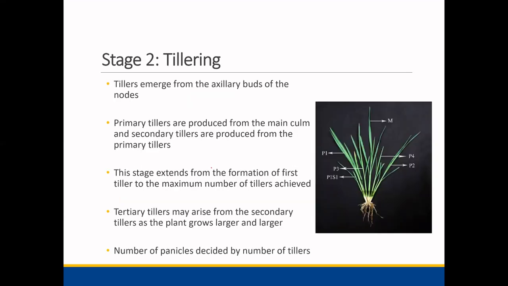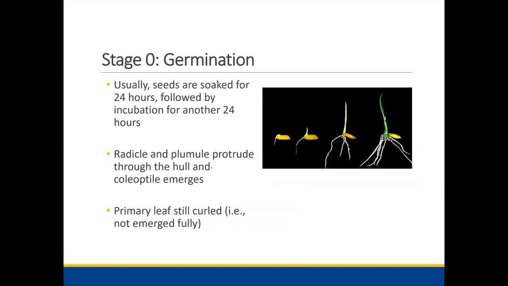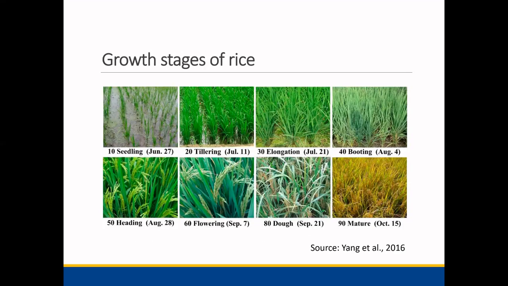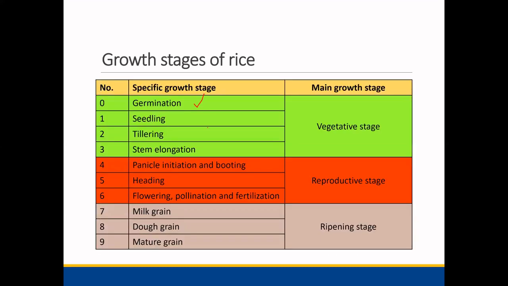So now we have covered, if you see, germination, the seedling stage, tillering, and stem elongation or internode elongation. These all four make up your vegetative phase or vegetative stage. Another thing you should know: sometimes people call it a stage, or sometimes they call it a phase.